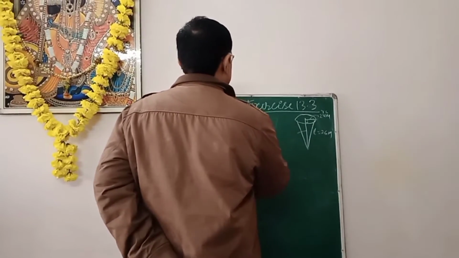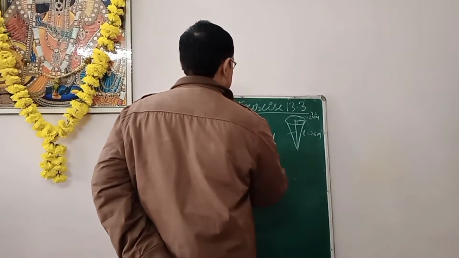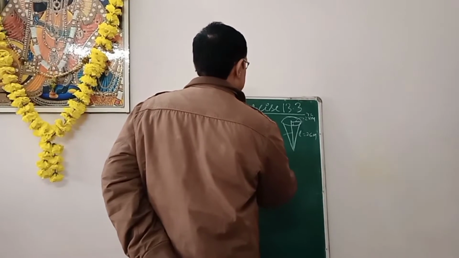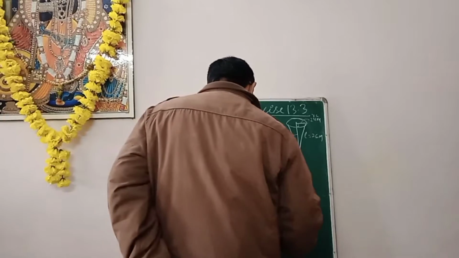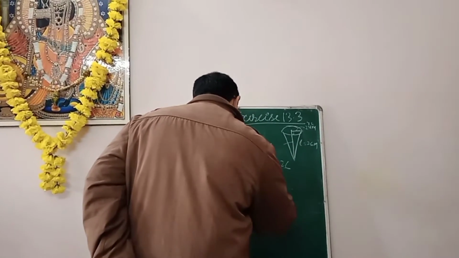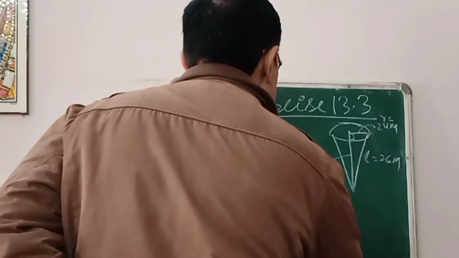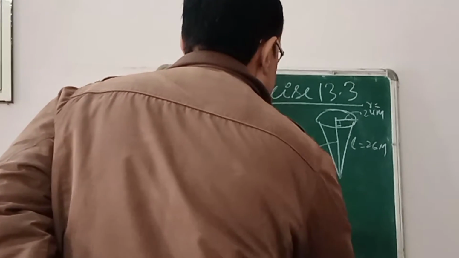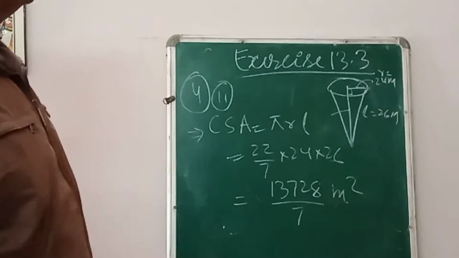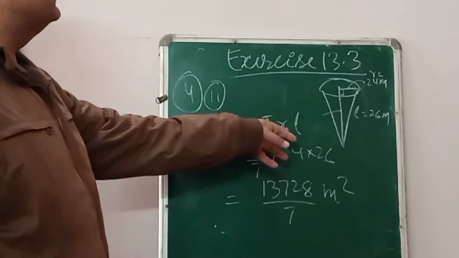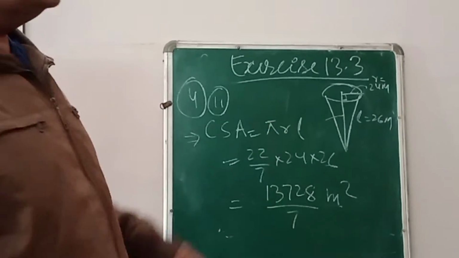So we need to find out CSA, pi r L. So 22 upon 7 into 24 into 26, and on multiplying we get 13728 divided by 7 meter square. This CSA we have calculated from the formula. We have put the value of r and L which we calculated in the first part.